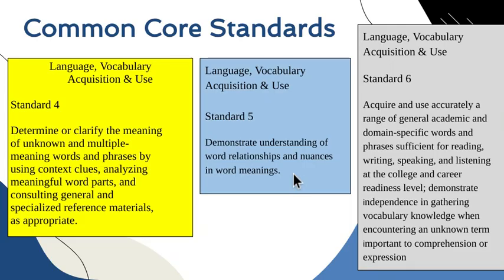Demonstrate understanding of word relationships and nuances in word meanings, and acquire and use accurately a range of general, academic, and domain-specific words and phrases sufficient for reading, writing, speaking, and listening at the college and career readiness level. Demonstrating independence in gathering vocabulary knowledge when encountering an unknown term important to comprehension or expression.